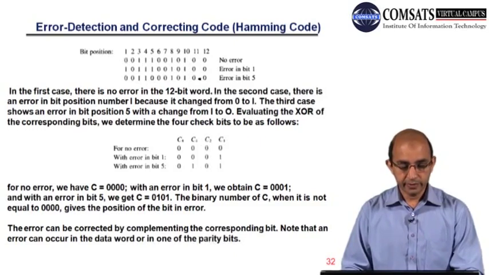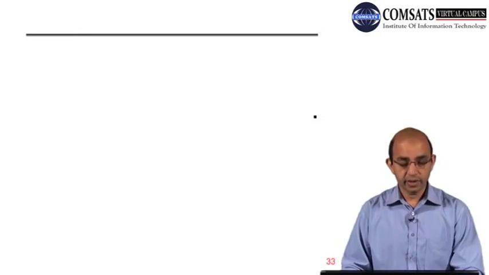Again, those C's mention no error, error in bit 1, error in bit 5, as in 4 plus 1 gives 5. So this is the algorithm for error correction, not only detection but also correction.